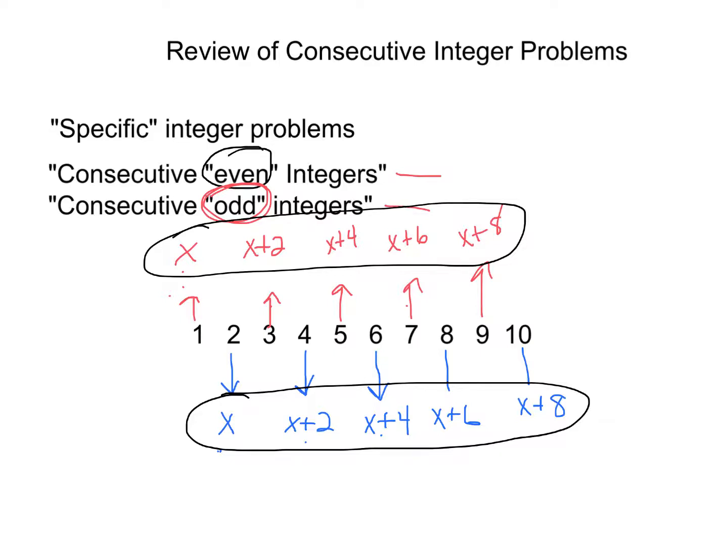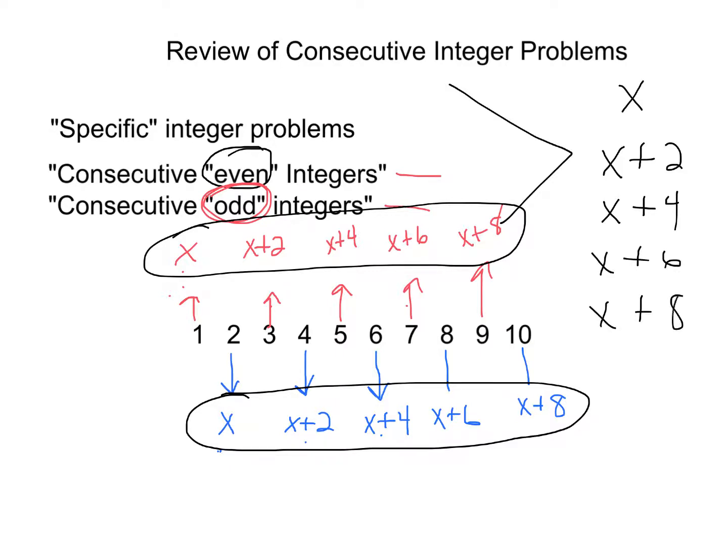When you're given specific integer problems, our pattern always starts with x, x plus 2, x plus 4, x plus 6, x plus 8, and so on and so forth. That pattern continues for however many integers you're going to need for your problem.